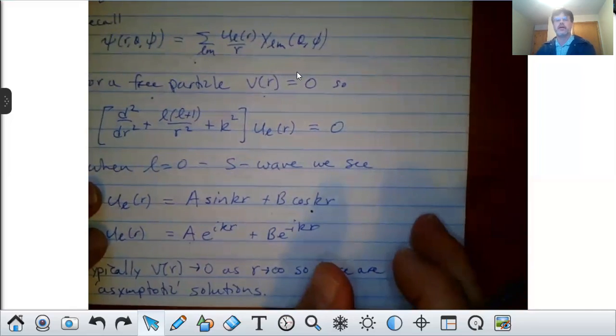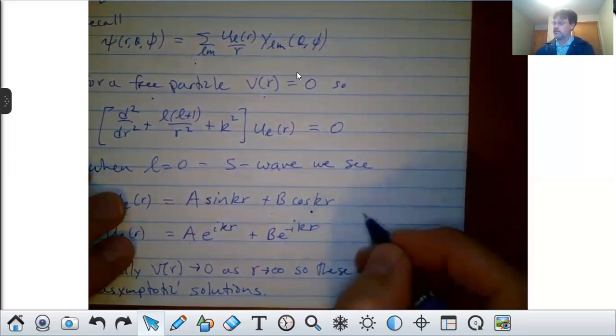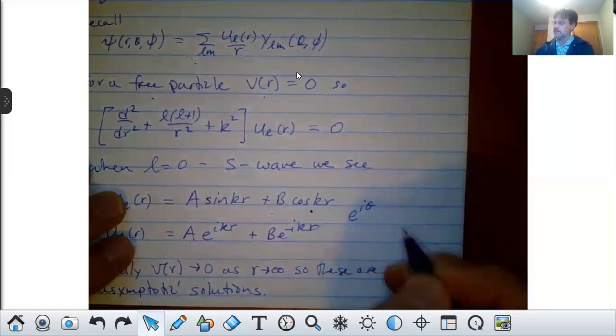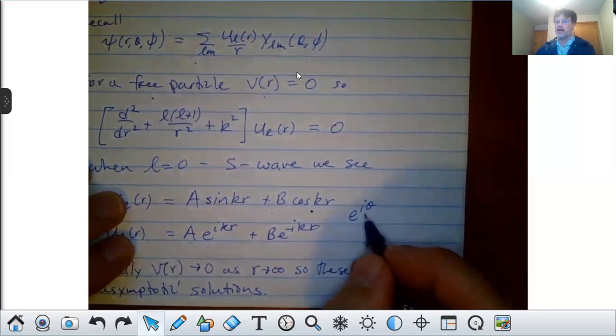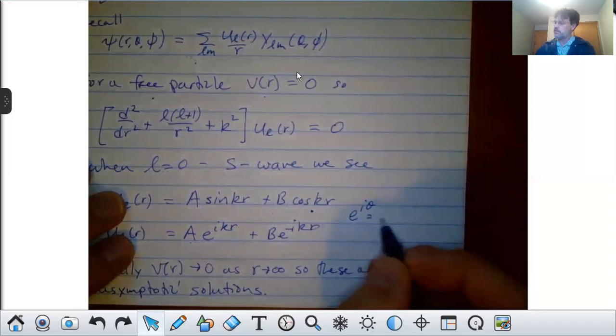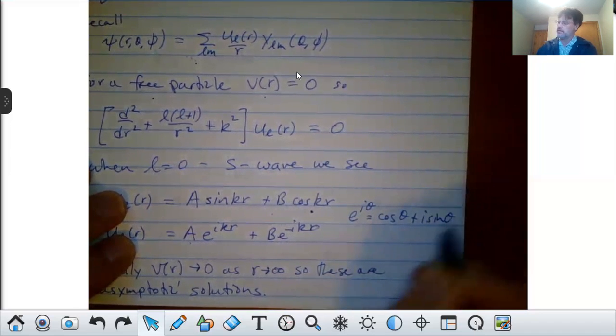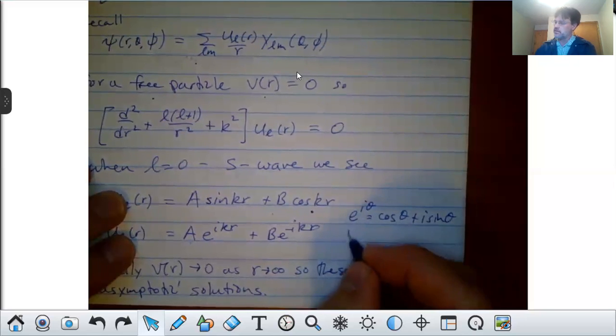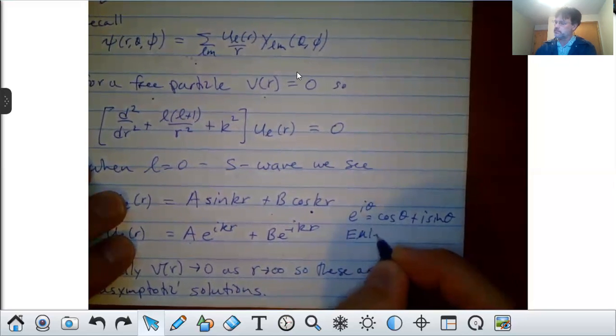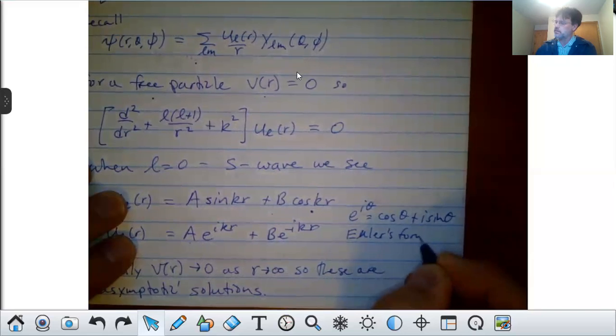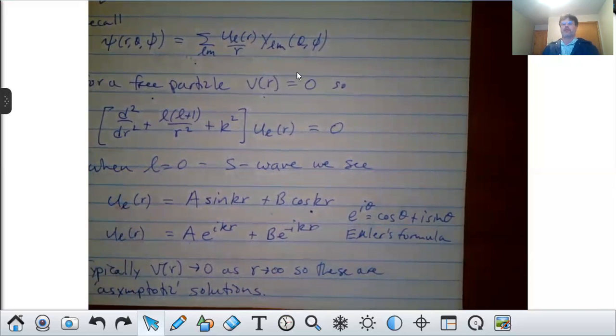And recalling that sine and cosine are related to the exponential function by cosine of theta plus i sine of theta is equal to e to the i theta. This is called Euler's formula. So you can switch back and forth between sines and cosines using that formula if you want.